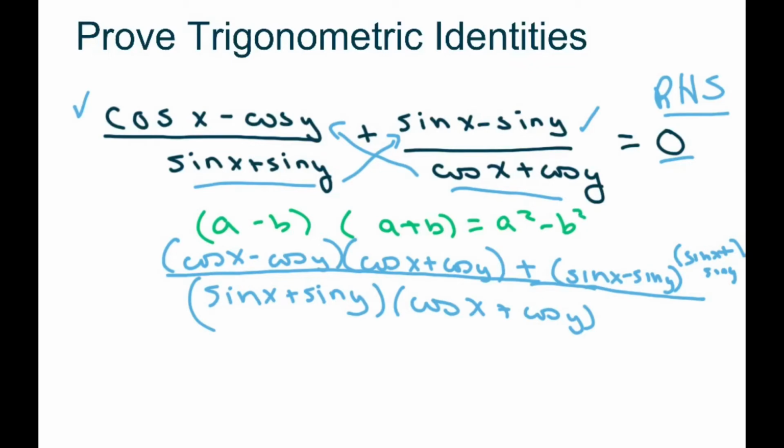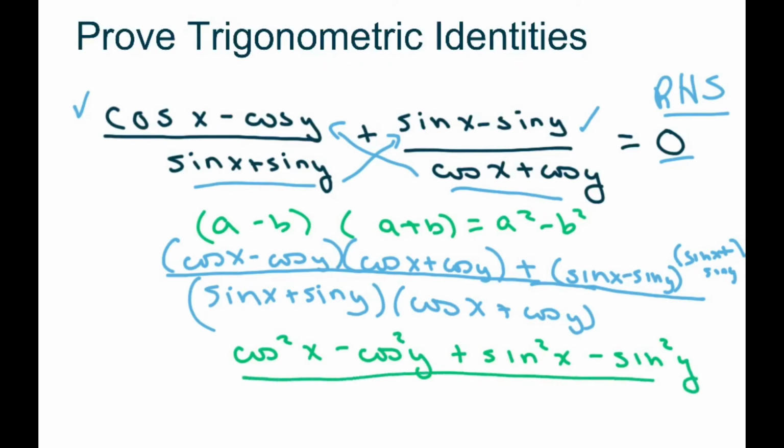So what we have for this is cosine squared of x minus cosine squared of y. That's this part. And the second part is going to be sine squared x minus sine squared y, all over my least common denominator.